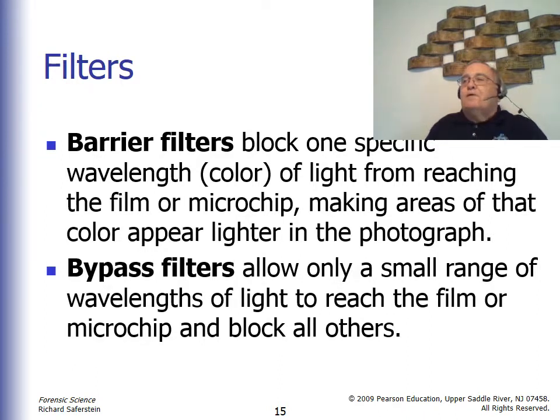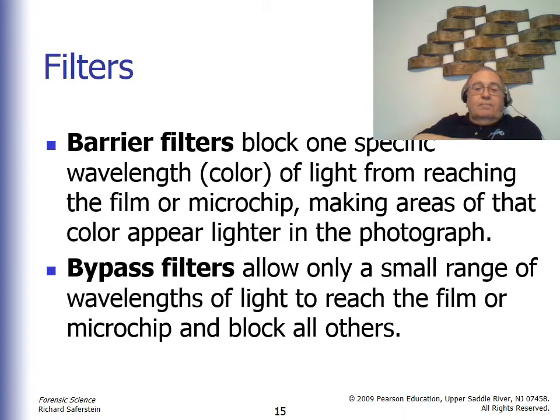Filters. Filters are various pieces of glass of different colors that you screw onto the front of your camera lens. They can be used to block various wavelengths of color from being recorded on the digital sensor.